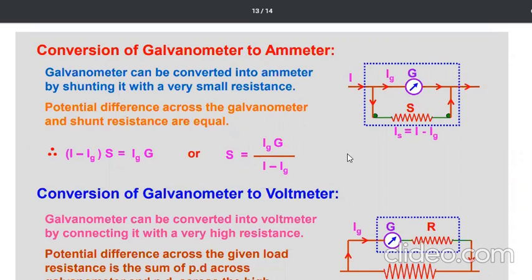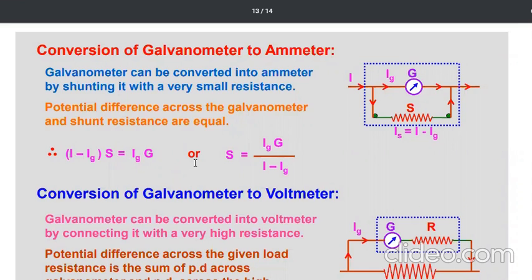Therefore, the potential across the shunt resistance is equal to the shunt resistance into the current across the shunt, and the potential across the galvanometer is equal to the product of the current through the galvanometer and the resistance of the galvanometer. Because both potentials are equal, these two are equated together.